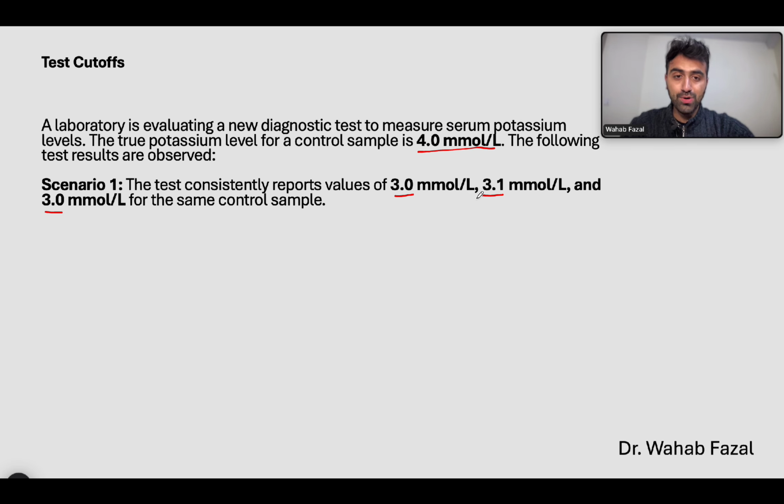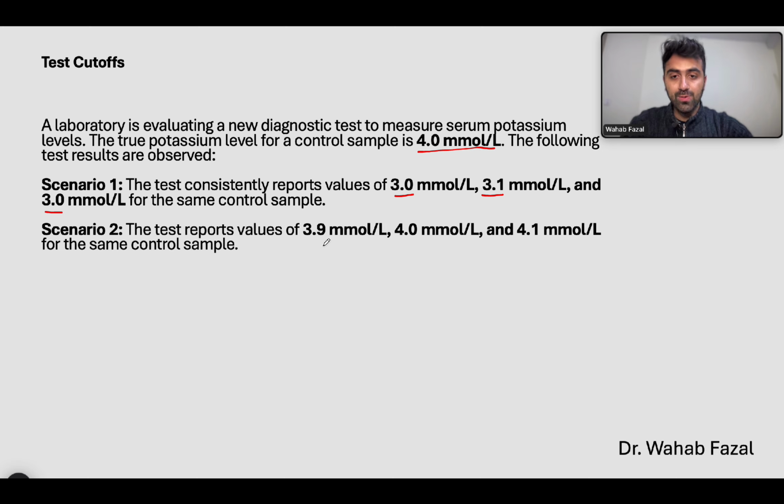On repeated testing, they're very close to each other. You can call this scenario very precise, but can you call it valid? No, you cannot call it valid because they're not close to the actual value. The actual value is 4 and it's giving you repeatedly 3.0, 3.1 and 3.0. So this is precise, but it's not valid.